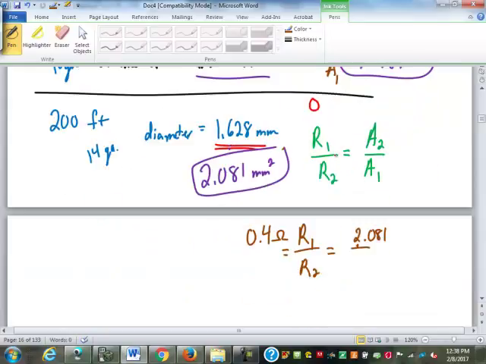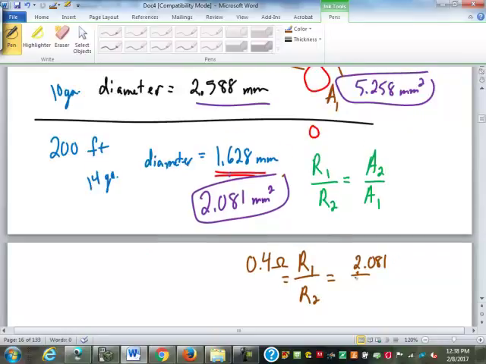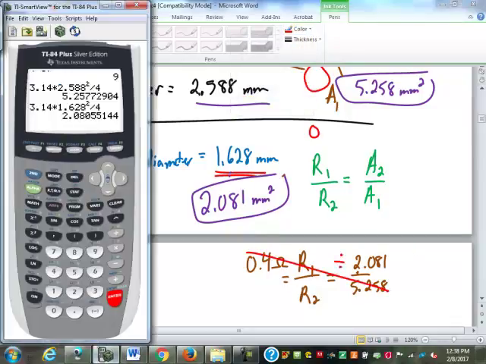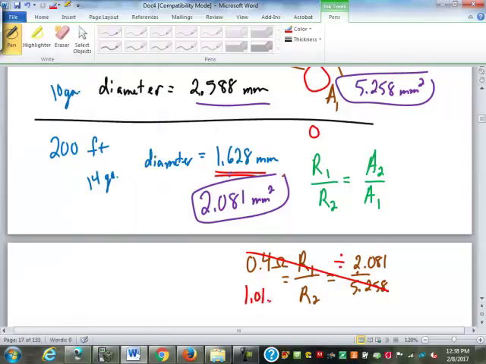So area 1 goes on bottom then, the 5.258. And we'll cross multiply and divide. 0.4 times 5.258 divided by 2.081. So 1.01 ohms.